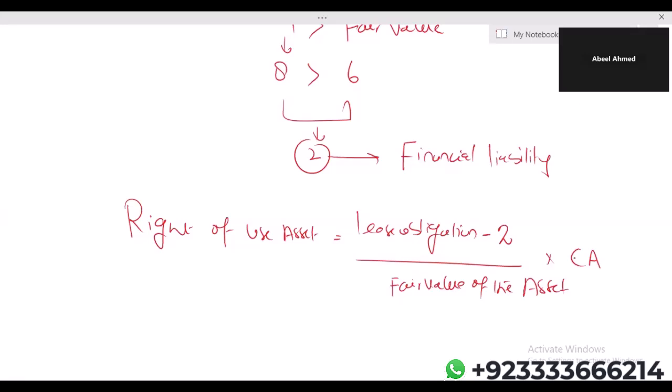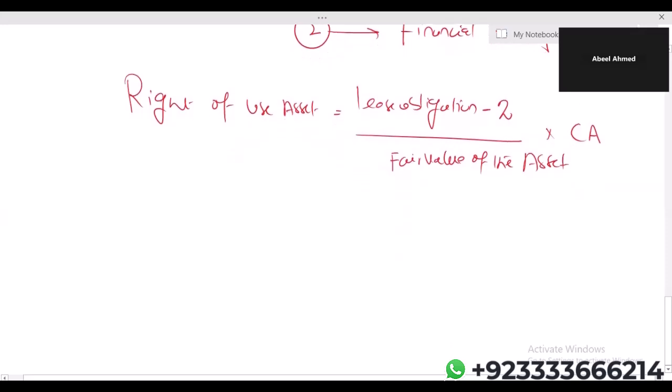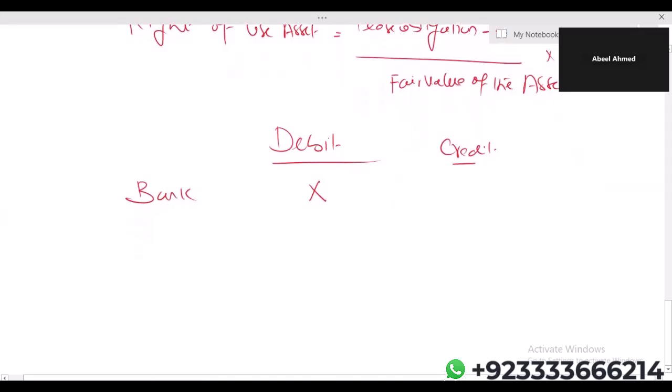Now, how will you calculate gain or loss when transfer qualifies as sale? And the lessee has taken the same asset back on lease. In that case, logically, the gain or loss will only relate to the portion of the asset which we have transferred. Let's say cash or bank is debited by the consideration which lessee has received by selling the asset.